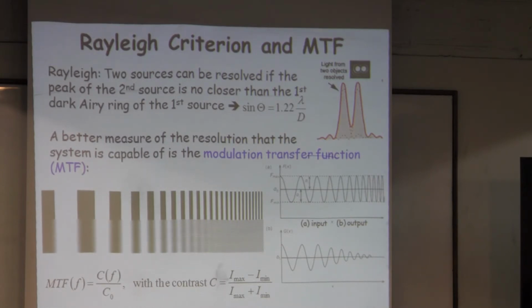So this tool is also a characteristic property of the optics. The Rayleigh criterion is simple and made by astronomers. This one is more complicated, but is applied by everyone in the optical industry for measuring and testing.